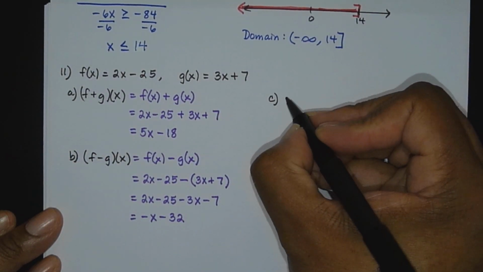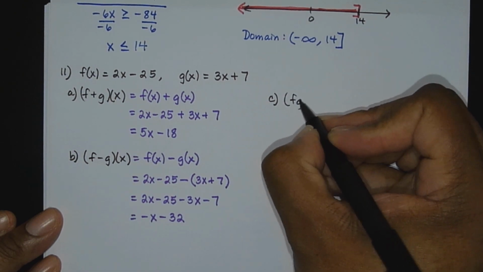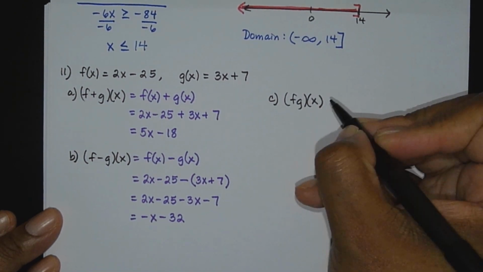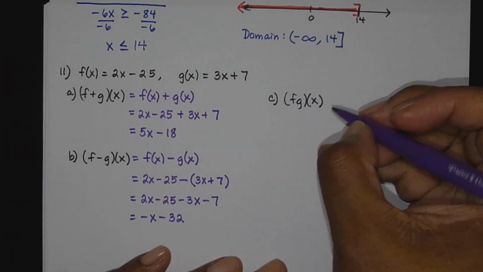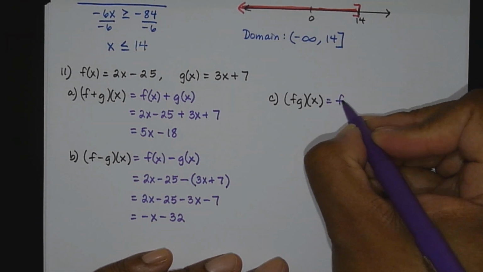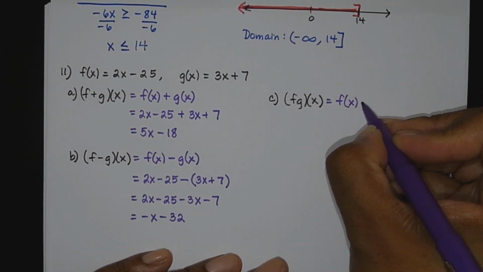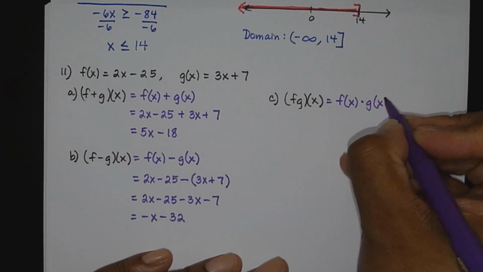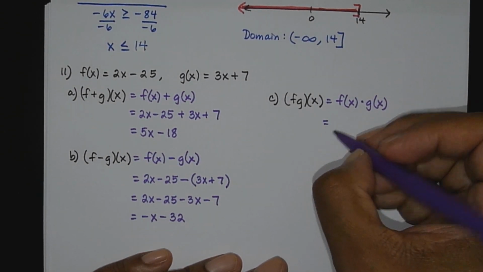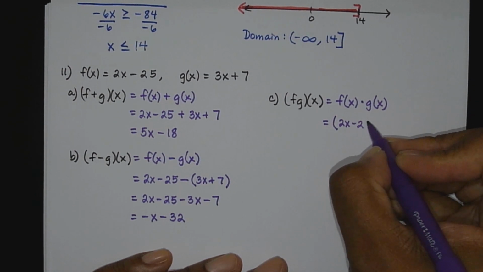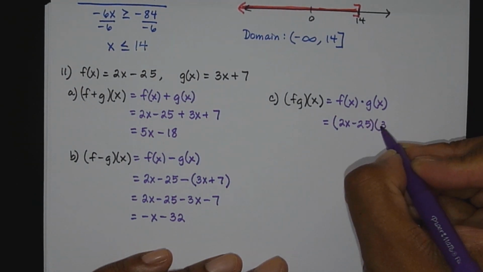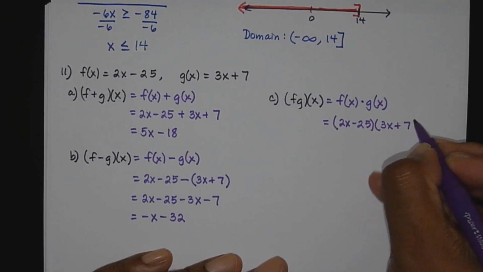All right, now part C, f times g of x. That's the product of the two functions. So here, we're just going to multiply f of x and g of x. So here we're going to multiply 2x minus 25 times 3x plus 7.